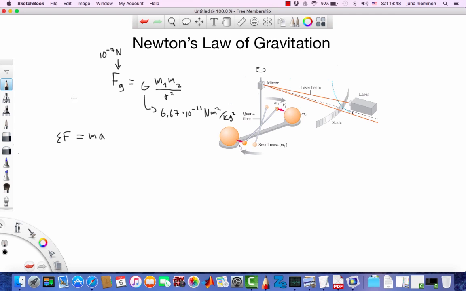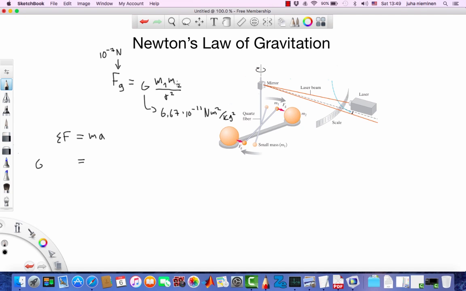And now, if we apply what we know about gravity and falling objects, we get the following. So we know, first of all, that the gravity is, as Newton postulated, G times the masses involved.